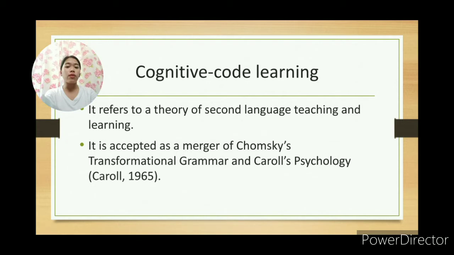So, cognitive code learning refers to a theory of second language teaching and learning rooted to cognitivist psychology and a structural applied linguistics developed in the 1960s. The theory emphasizes the central role of cognition in the conscious and explicit learning of the rules of a language as code.